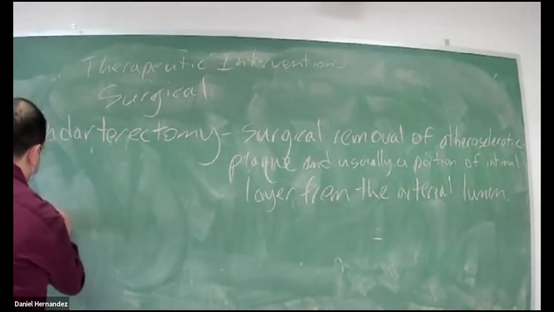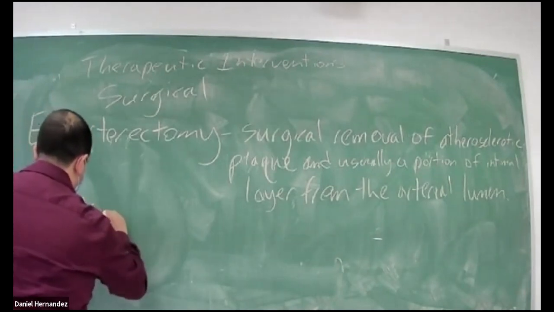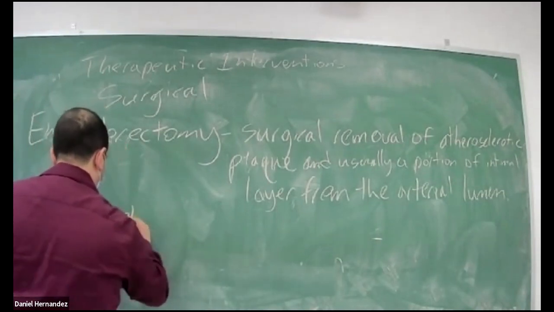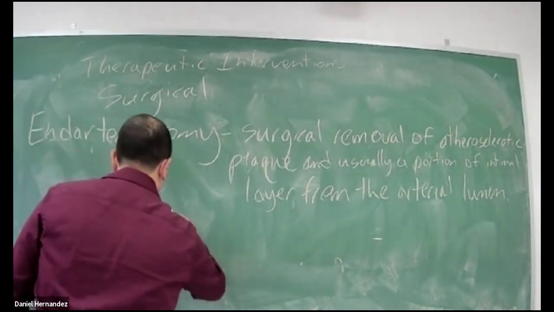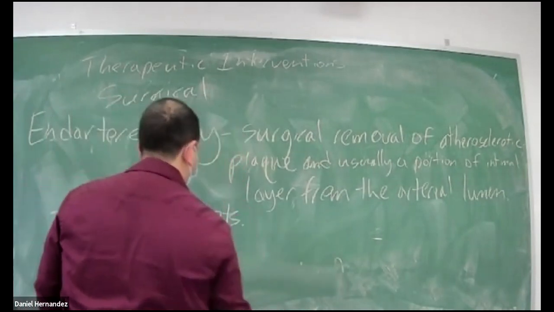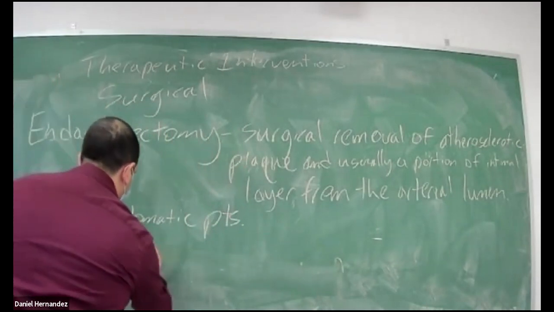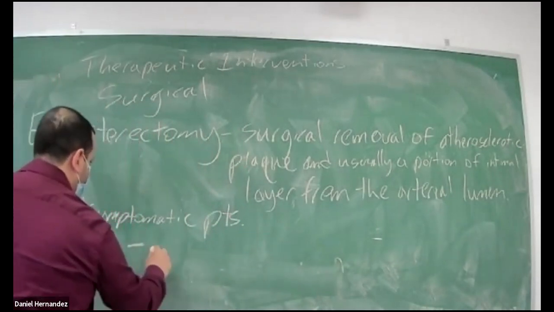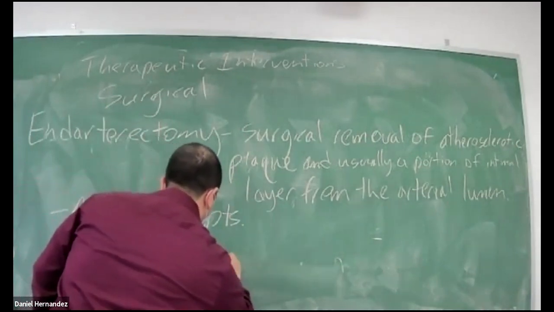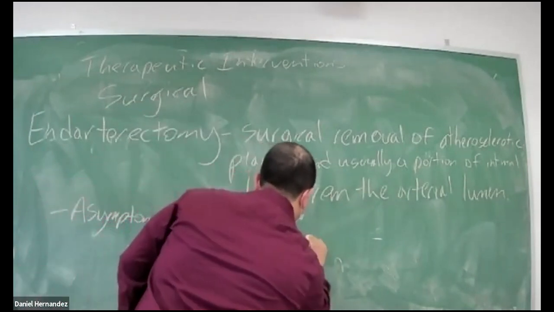So with asymptomatic patients, they'll typically have a stenosis greater than 80%.